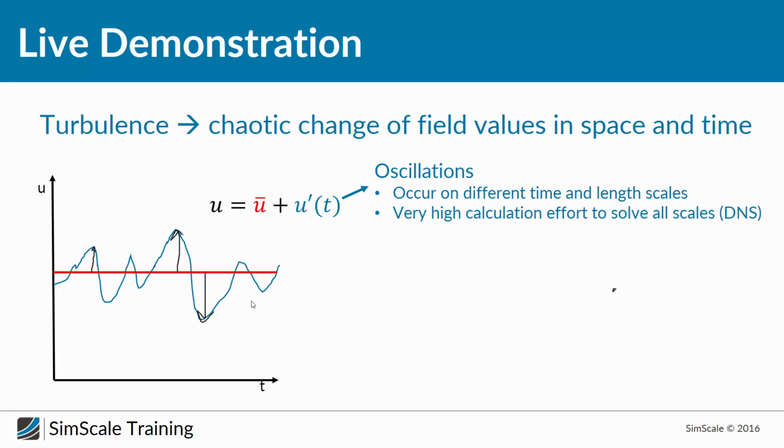And additionally, as you imagine, all the times right now, even in the first session, we did steady state simulations, which means we only take a look at the average flow field. And with this approach, you can only do transient simulations, because your velocity is in any case time dependent.